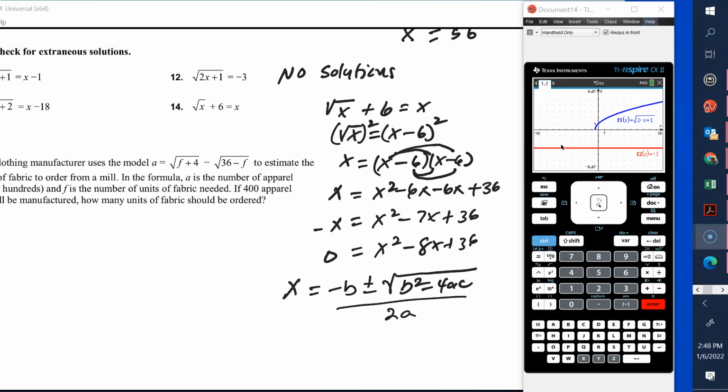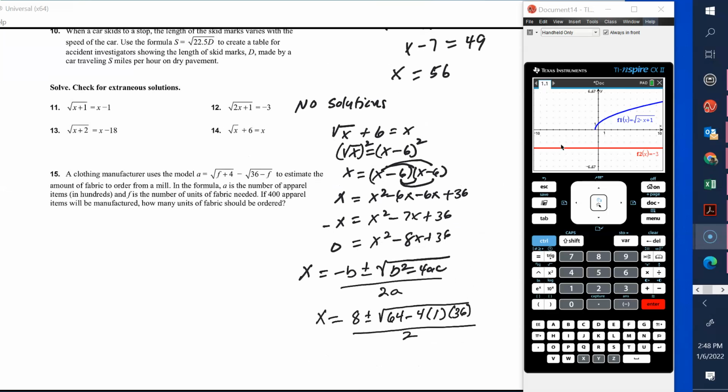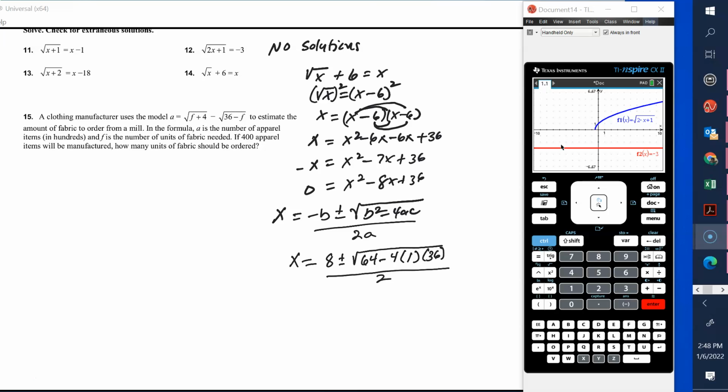I'm going to use the quadratic formula. X equals negative b, which is 8, plus or minus the square root of b squared, which gives you 64, minus 4 times a, which is 1, times c, which is 36, divided by 2. And you're going to notice if we evaluate the discriminant, we have b squared.